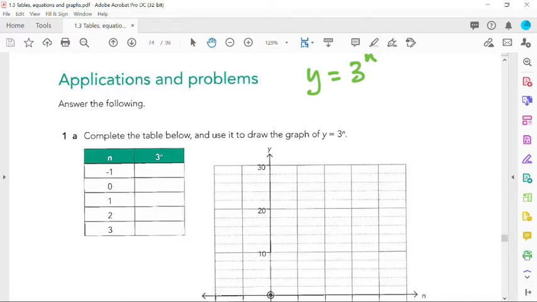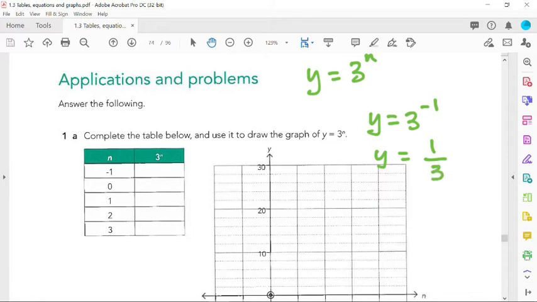So the first one is negative 1. So y equals 3 to the negative 1. What does a negative exponent tell you? That it's on the wrong side of the fraction bar. 3 should be underneath the fraction bar. So that means takes it down.